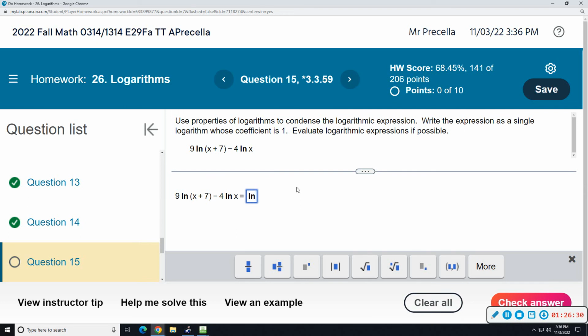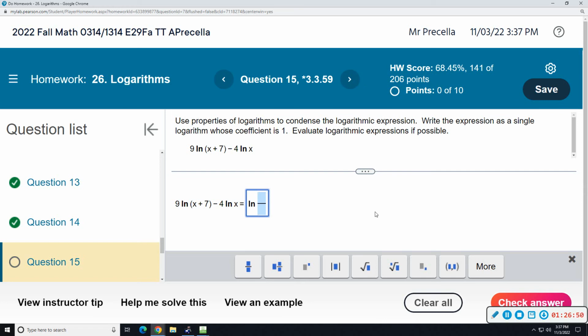Okay, I typed my ln in. Will I need a fraction bar? Yes, because of that minus right there. What do we have on top? x plus 7. Is there an exponent on that x plus 7? Yes.